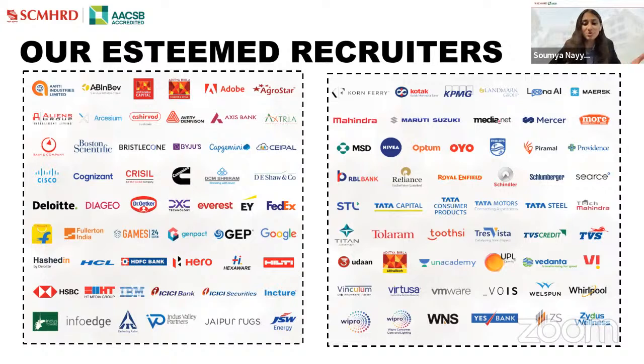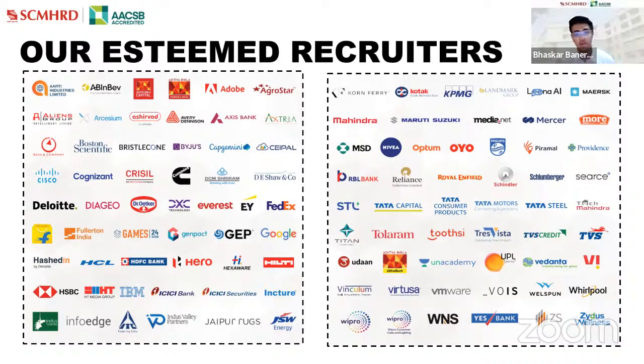So these are our esteemed recruiters. And of course, the placements and the esteemed recruiter slides are the two most important slides when it comes to being an aspirant. So we believe that if you are making a choice about your college, it would be okay. We have more companies coming up.